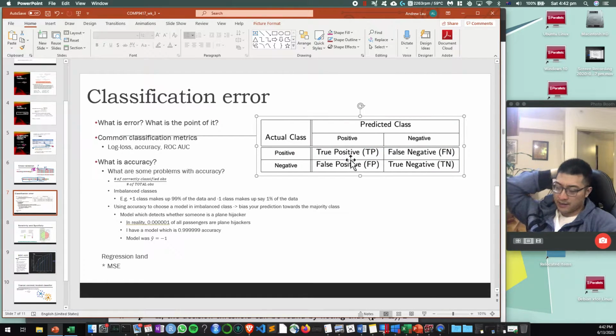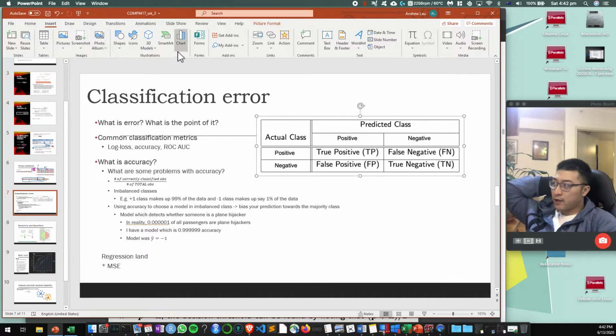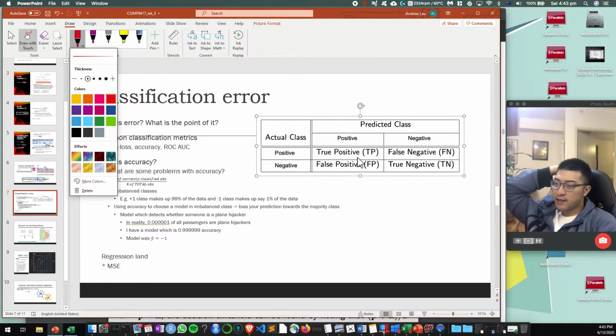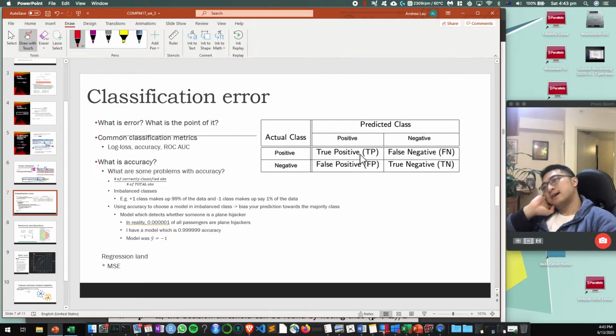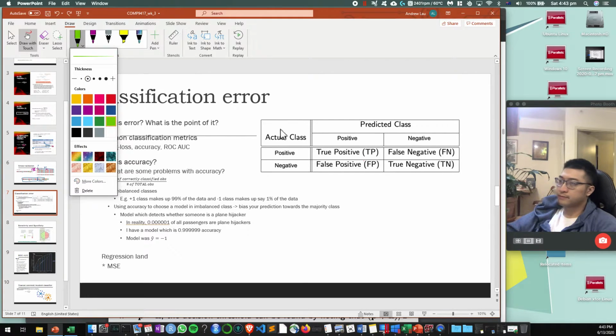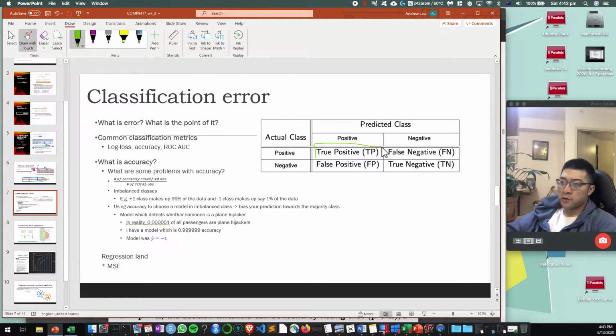Let me flesh this out a little bit. I hope you can appreciate that accuracy is a bit of a blunt force weapon in a way. So everything here, maybe I'll go green, these are all correctly classified, so they would go here.